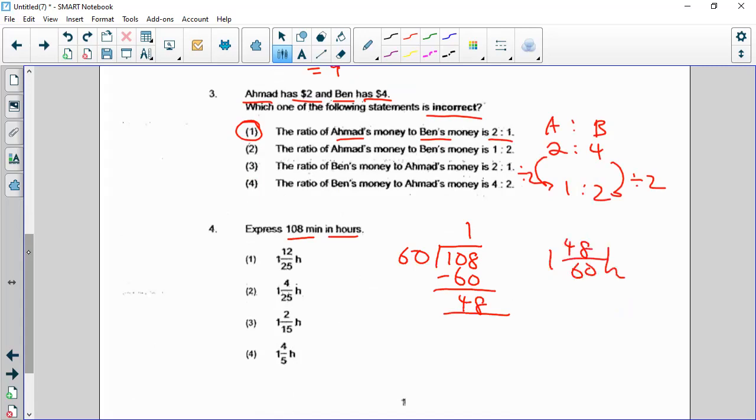That's how you change into a fraction of an hour. Then what do you do with the fraction? Simplest form. You divide by 12 and divide by 12, and you will get 4/5 hour. So your answer is 1 and 4/5 hour. So answer number 4. Clear? Easy?